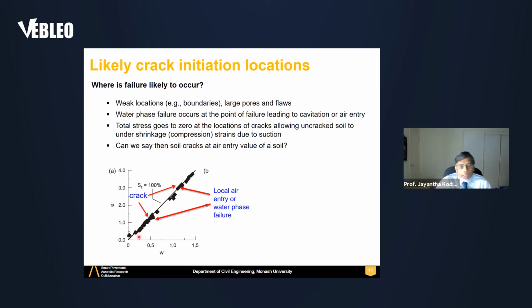Normally air entry happens around here, but you can see cracks happen much earlier. Therefore, cracks happen due to local air entry at the locations where it cracks, not at the global air entry of the soil, as seen from water retention curves. The water retention curve will give you this global air entry, but local air entry can lead to desiccation cracking even when the soil is saturated.